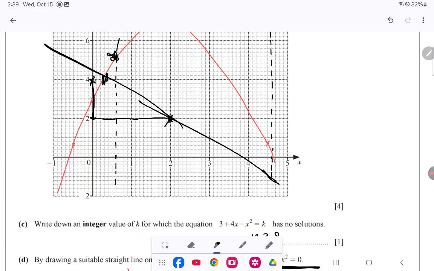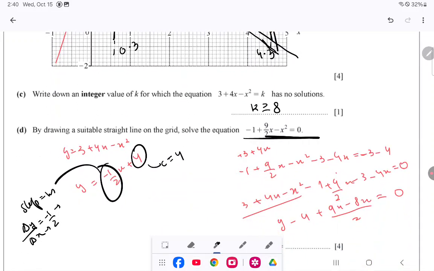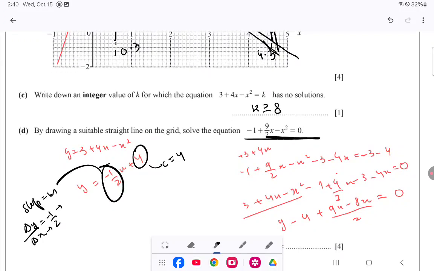If we can say that a straight line is forming, it will cross somewhere here, which is 4.3, and somewhere here, which is 0.3. So these are the two x values, 0.3 and 4.3, on which the straight line is intercepting the points.